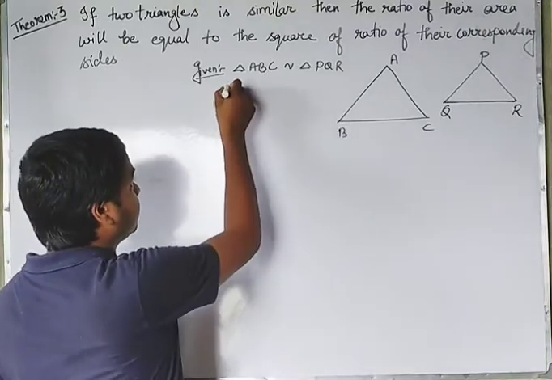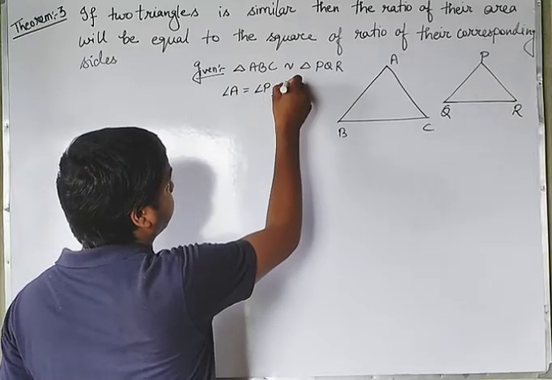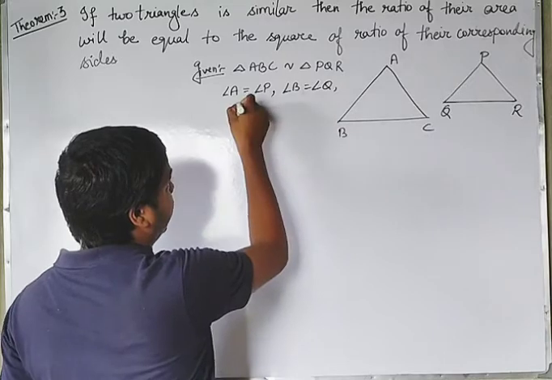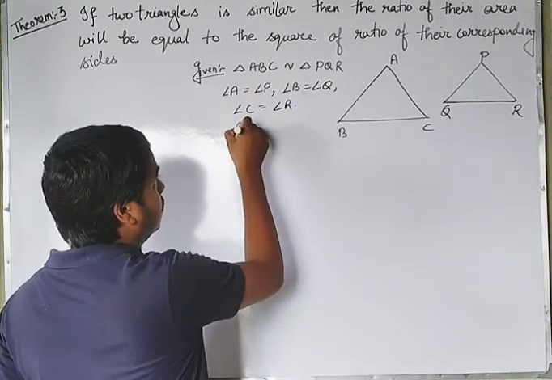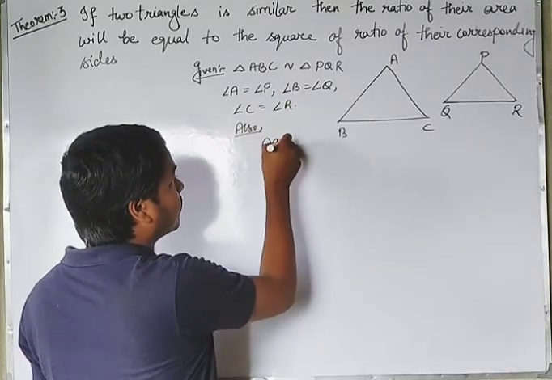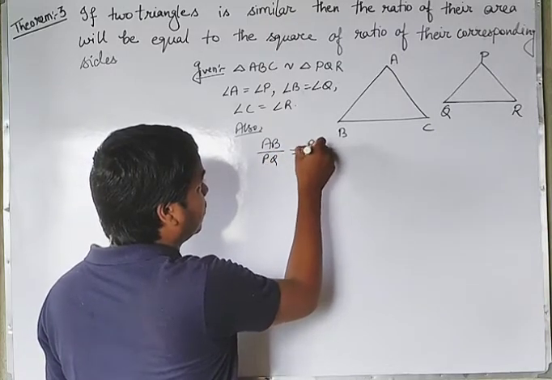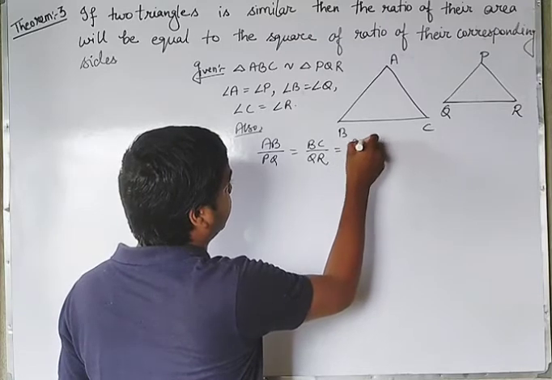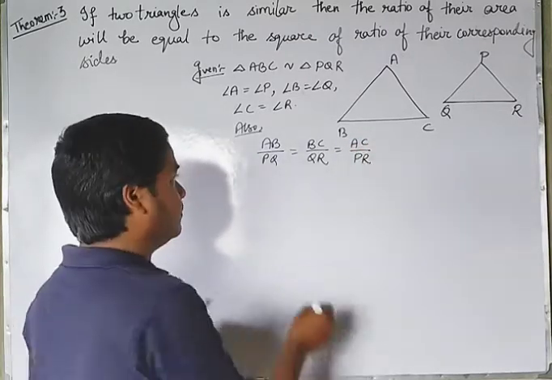It means angle A is equal to angle P, angle B is equal to angle Q, and angle C is equal to angle R. Also, AB by PQ will be equal to BC by QR, and it will be equal to AC by PR. This much part is given.